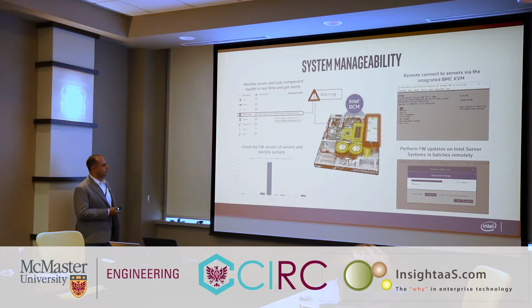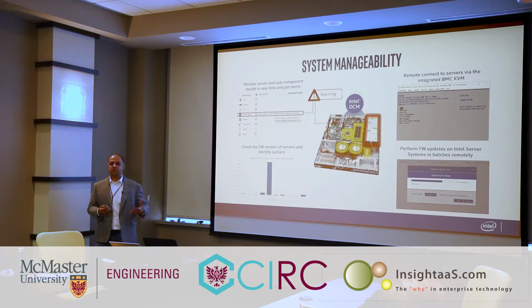For example, most of my servers in this rack are on firmware version 2.54. A couple are running older versions, a couple are running newer ones. With this information you can make decisions: maybe I should upgrade them all, or maybe I should downgrade some, and sometimes you do need to downgrade.